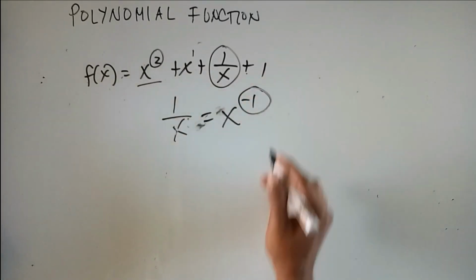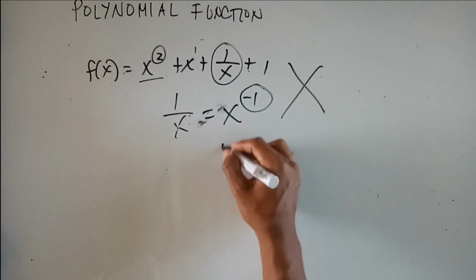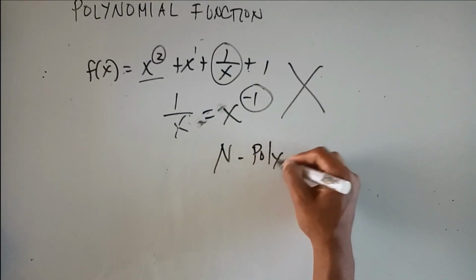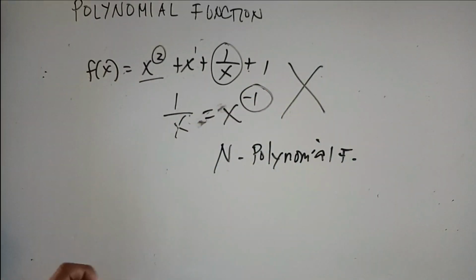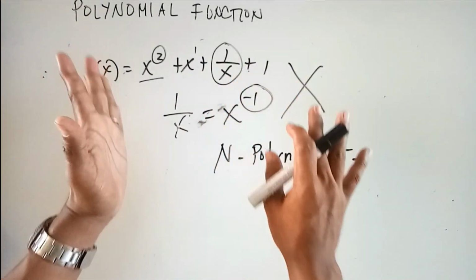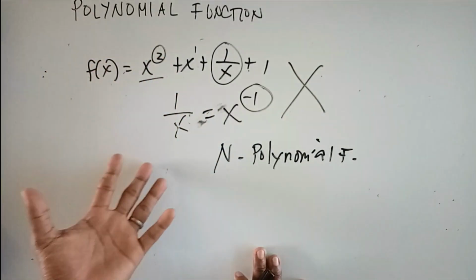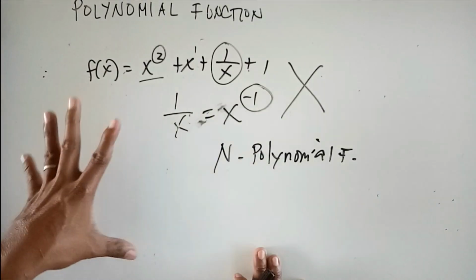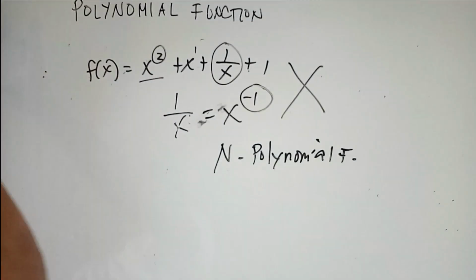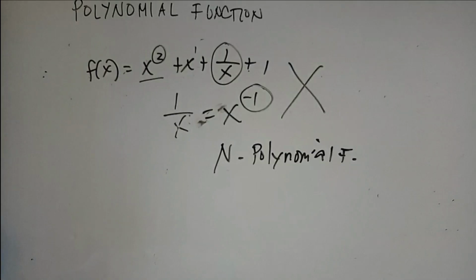And you can see you have a negative exponent, the -1. Therefore, this is not a polynomial function. Remember that all the time. The requirement is all terms have exponents that are whole numbers starting from 0 and above. No negative, no fraction, no decimal number in the exponent part of the expression. So in this example, this is not a polynomial function.